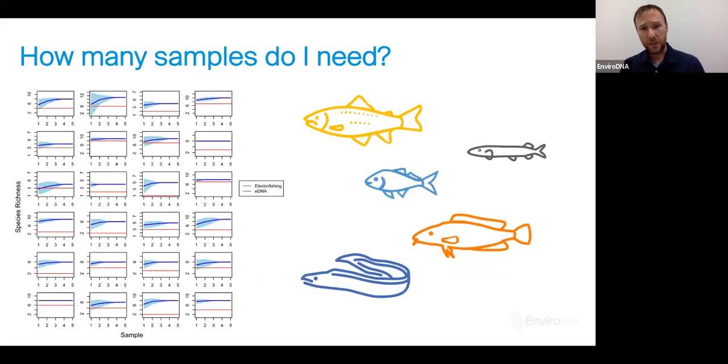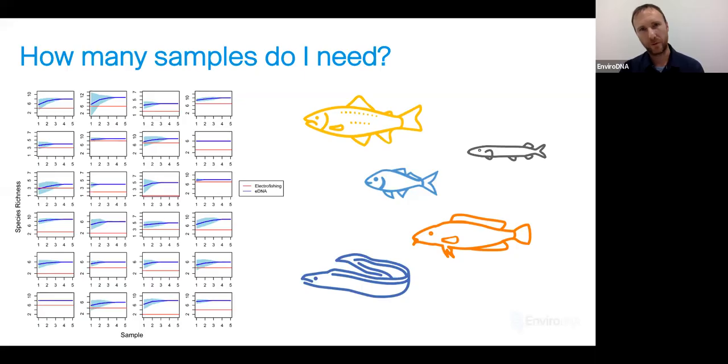Similarly, if we're looking not just at target species, but we're trying to understand biodiversity at an area. So this was looking at fish biodiversity. Each of these little graphs is a different site. And we've got the number of replicates here, creating these species accumulation curves. And again, at 2 to 3 samples per site, we're detecting most, if not all, of the species that are present there at that particular time.